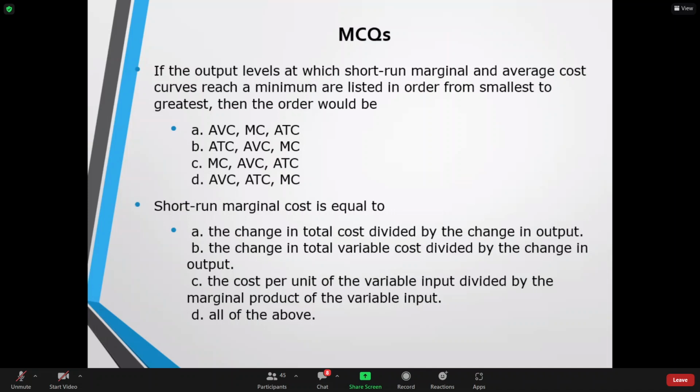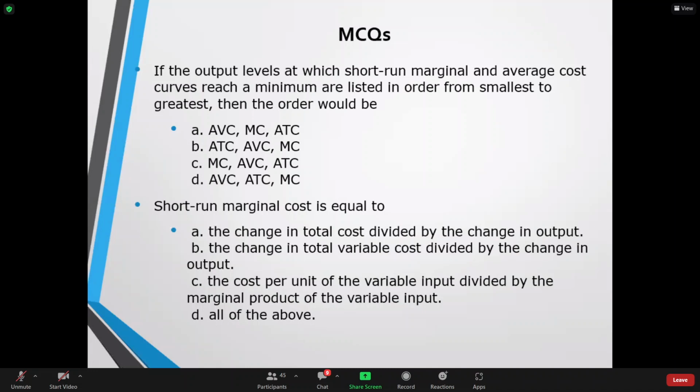Short run marginal cost means they are highlighting the fact that fixed cost is there. So take out the fixed cost. If it is a long run, of course, only the first one is the correct definition, isn't it? Change in the total cost divided by change in output. Whereas in the short run, even the B is correct. So obviously then D.